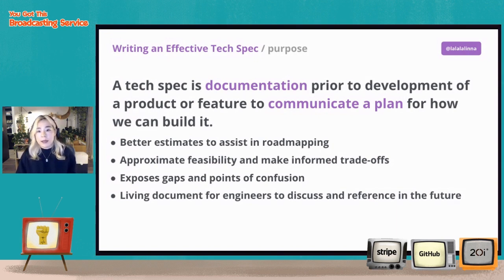And over time, your doc is going to develop and change as you find more information and identify all the things that you need to do. And all of this leads to fewer surprises and allows you to communicate more effectively with stakeholders and with your teammates as well.